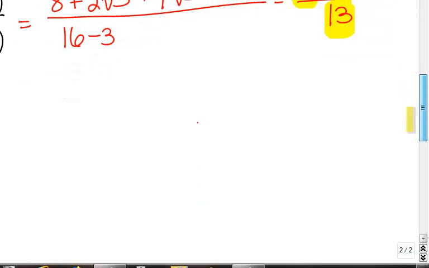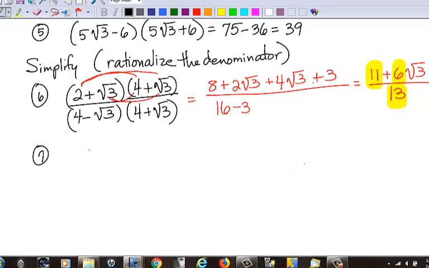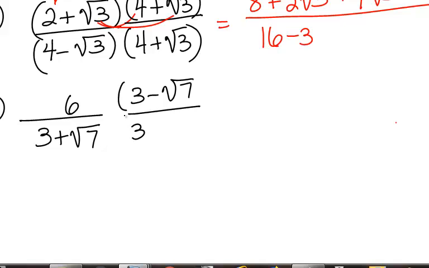Okay, last example. So you have 6 divided by 3 plus radical 7. So what's the conjugate of that? What do I want to multiply by? Yeah, 3 minus radical 7, top and bottom.